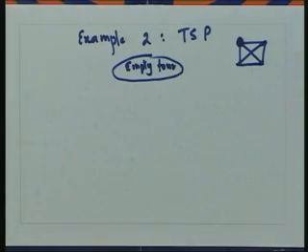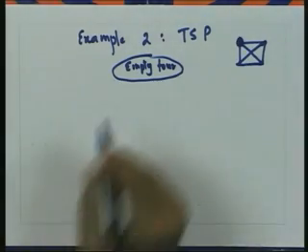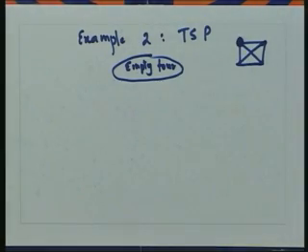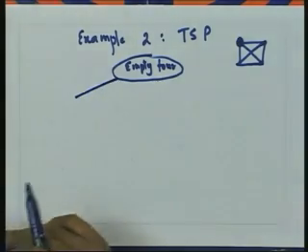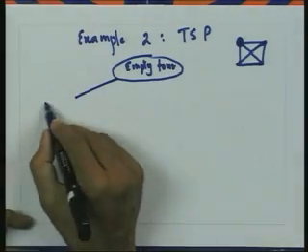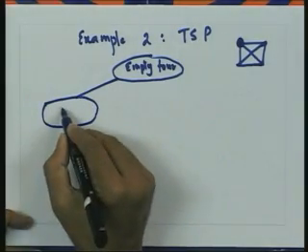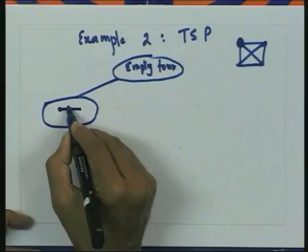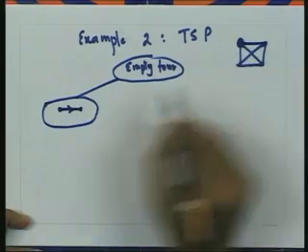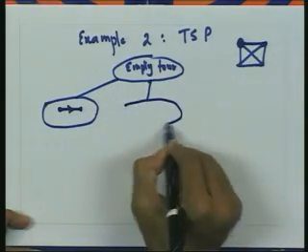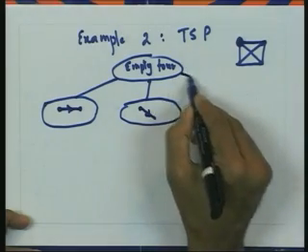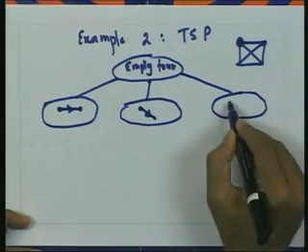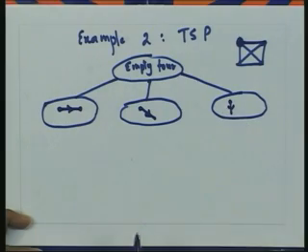Suppose this is the starting vertex, then we can ask how many ways there are in which the tour can go out of this vertex, and that fills in the first slot in the tour. So for example, we can come to this point at which the tour has proceeded along this edge, or we can come to this point at which the tour has proceeded down diagonally, or we can come to this point at which the tour has gone down.